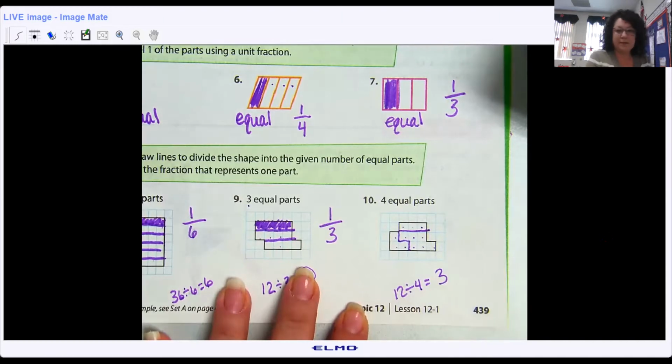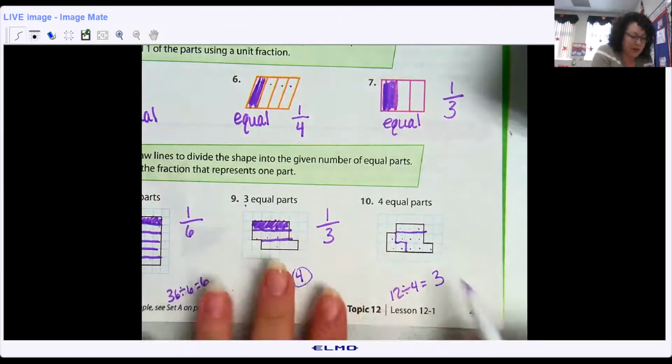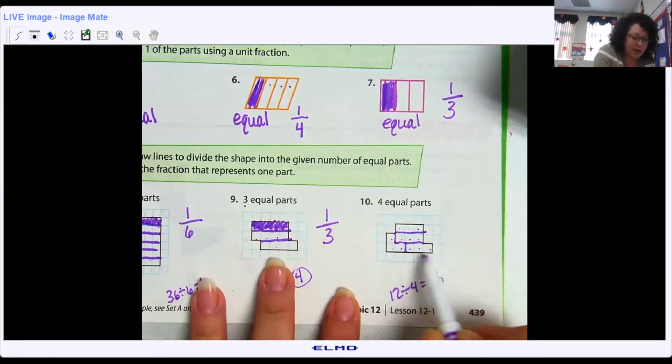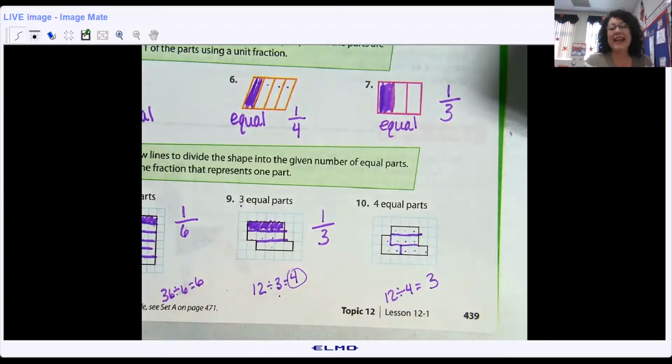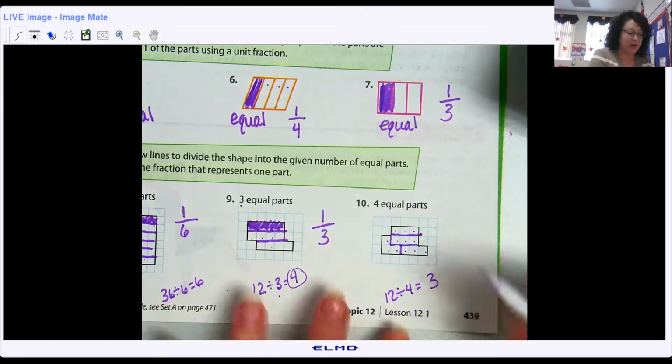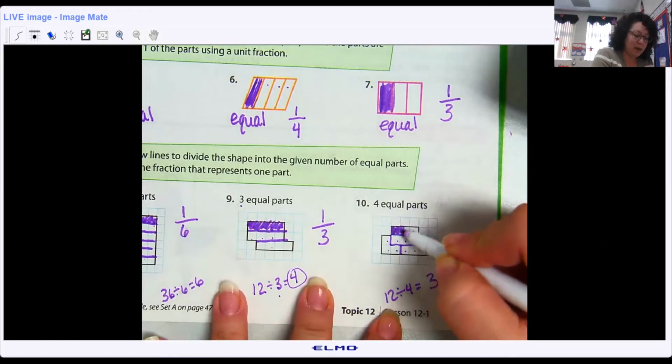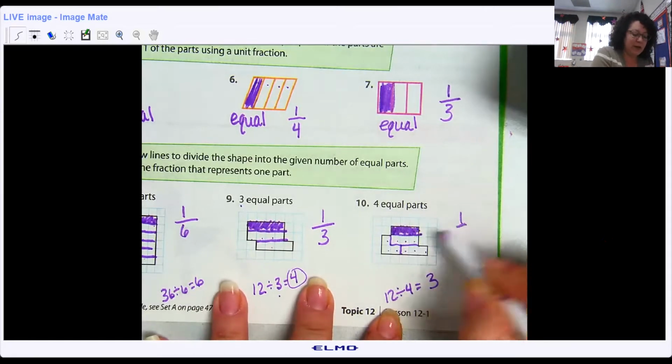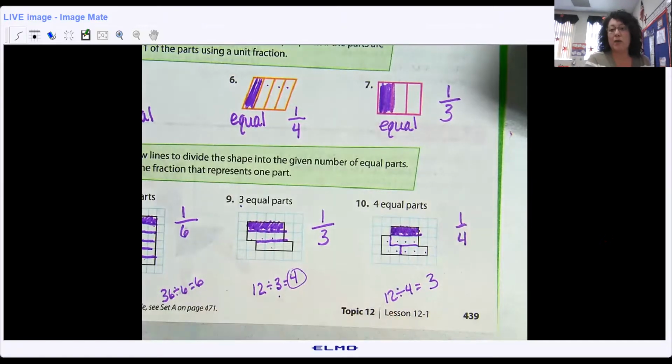Here's 3. 1, 2, 3. There's 3, and there's 3. Again, they don't look the same, but they have the same area. Each shape has 3 cubes. So that's why it is divided into equal parts. Okay. 4 equal parts, 1, 2, 3, 4. So my unit fraction is 1/4.